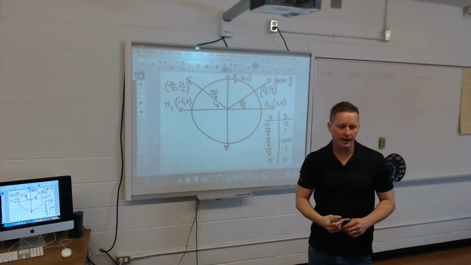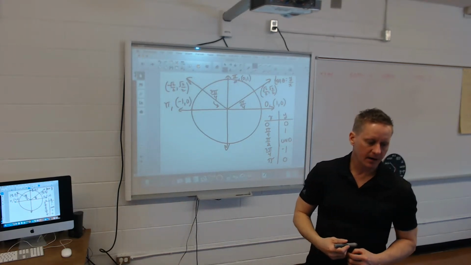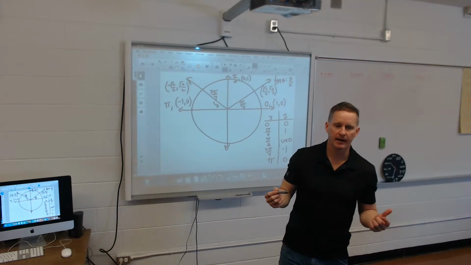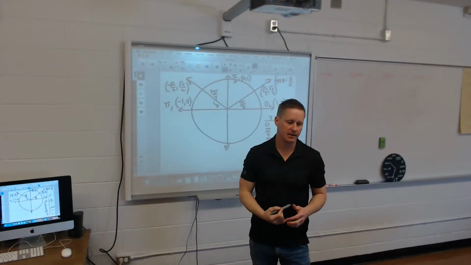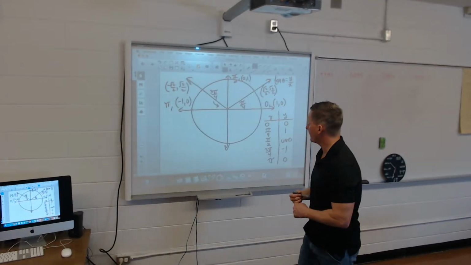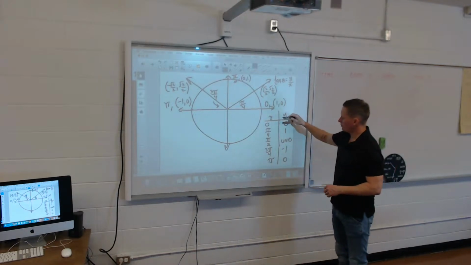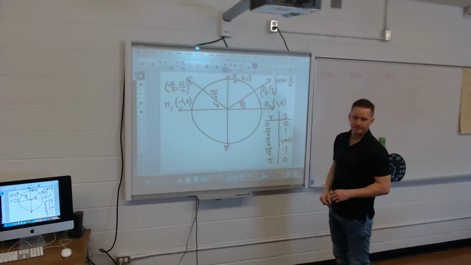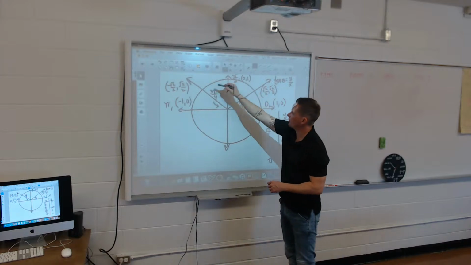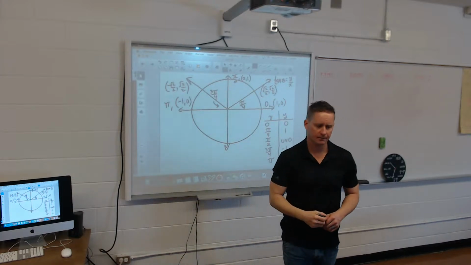So what you notice is that the period for the tan function, so remember what period is. Period means where does it repeat itself. The period for a tan function occurs in pi, as opposed to sine and cos, which go all the way around the circle.